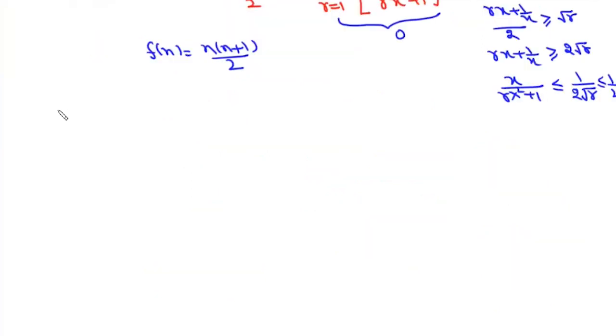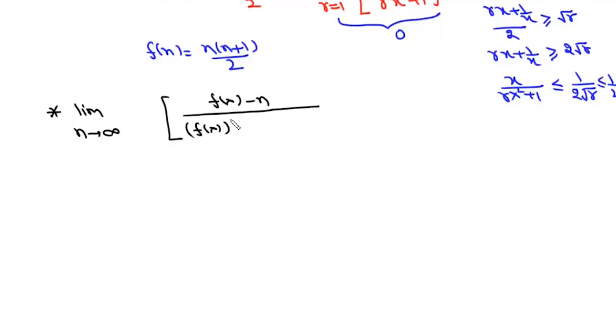Now we need to find this limit, which is limit n tends to infinite, greatest linear function of fx minus n upon fx square minus n cube n plus 2 upon 4, its greatest linear function.